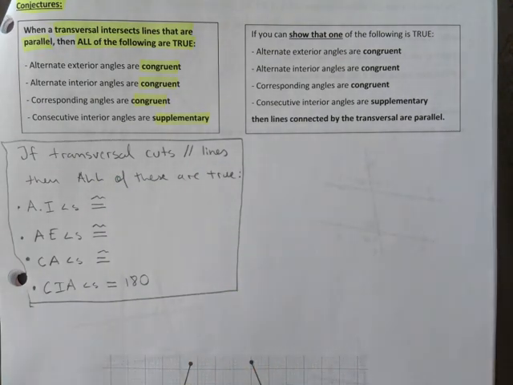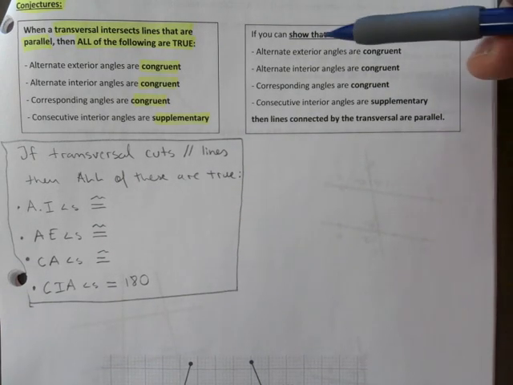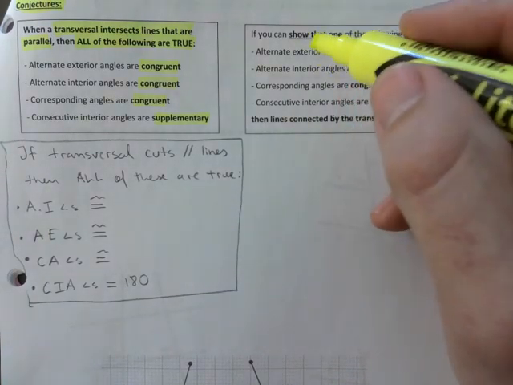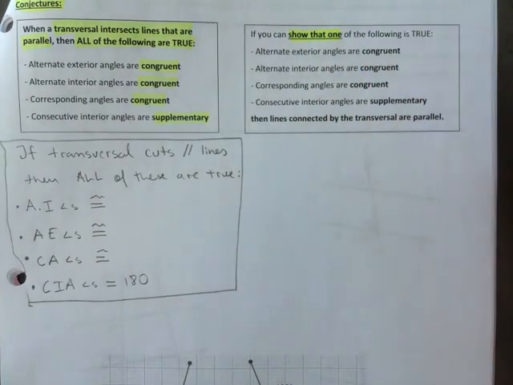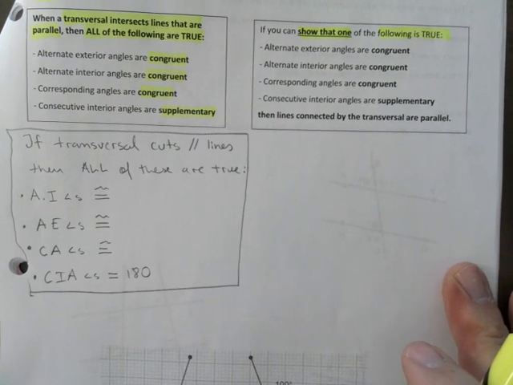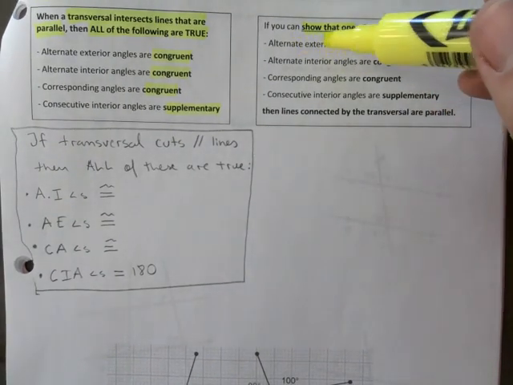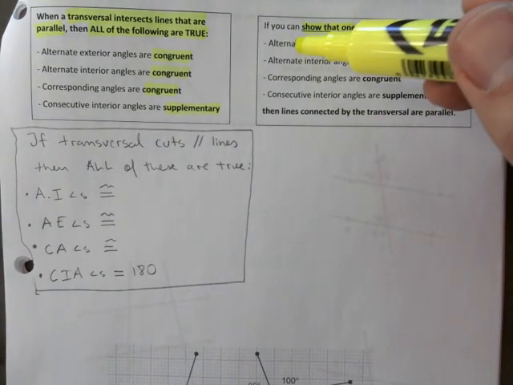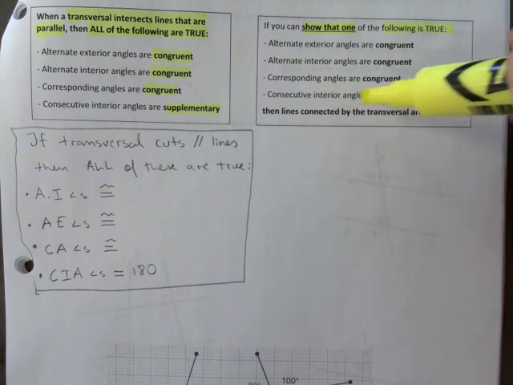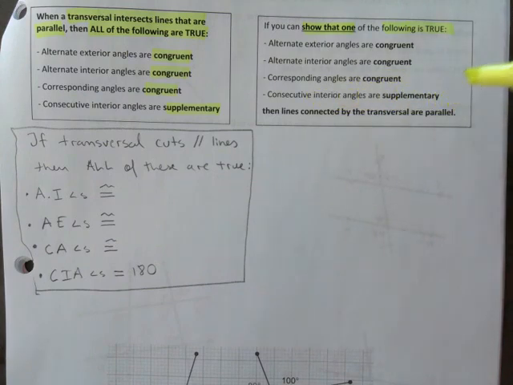Okay. On the other hand, watch this. Let's say we don't know if lines are parallel. All we need to do is show that one of the following would be true. You can either show that alternate exterior angles are congruent, alternate interior angles are congruent, corresponding angles are congruent, or consecutive interior angles are supplementary.